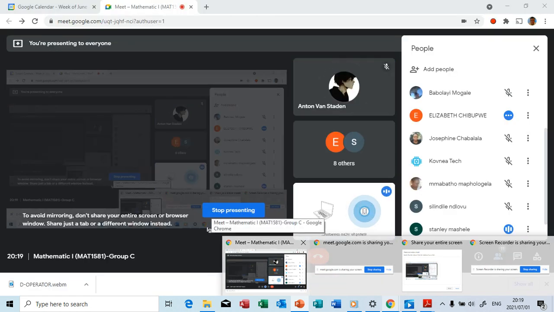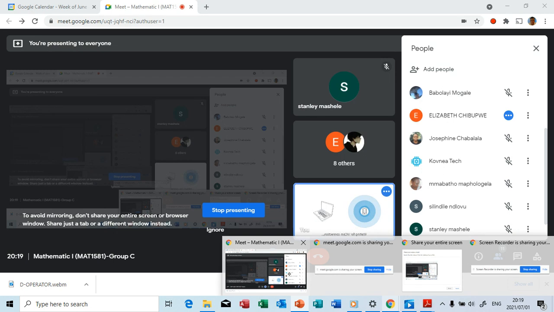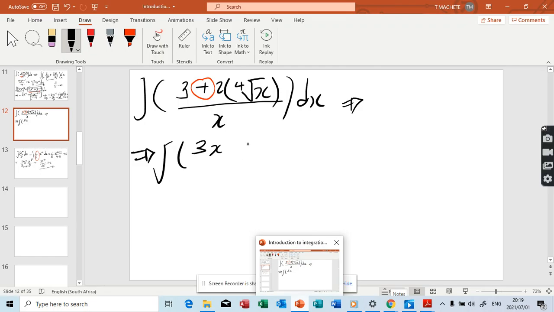Okay, Stanley. Okay, Elizabeth, I nearly got someone to help you. So, remember what we had? This 2x over x maybe. I can't remember the equation, but let's just write x just in case. When we had something like this, Elizabeth, what did you do? The previous example was like this.